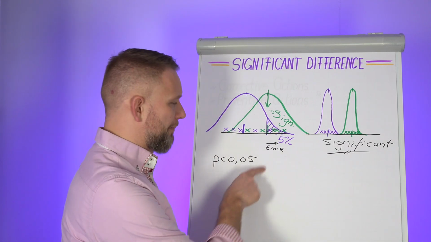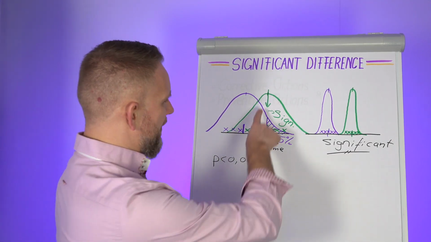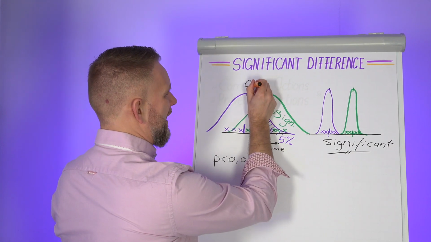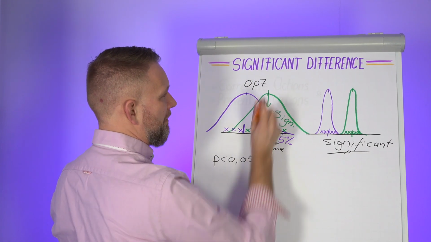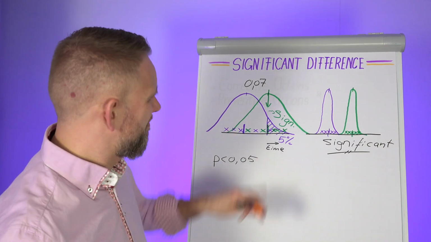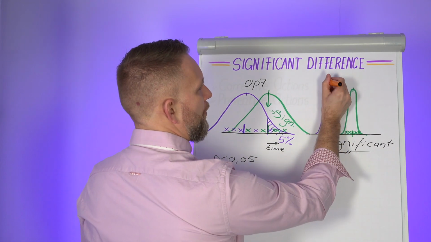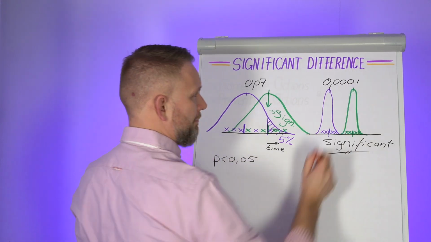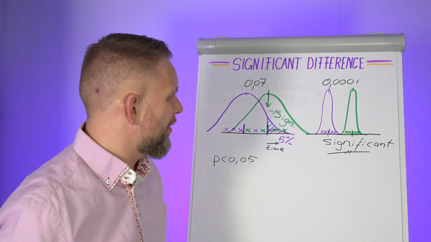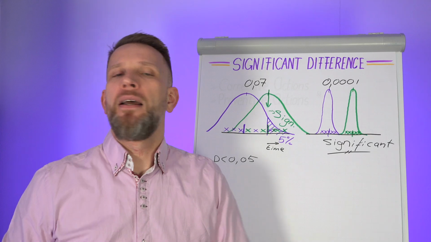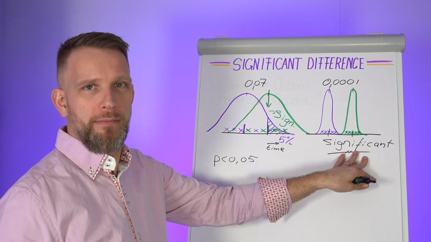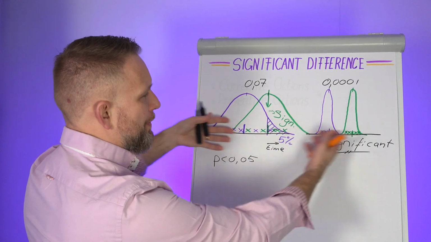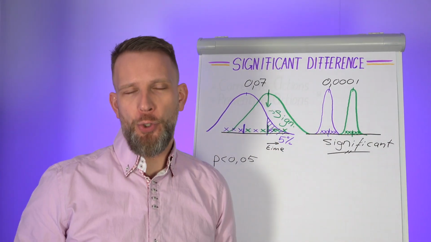In the end, you just get this number, a p-value. Here it will be something like 0.07, not significant. Here it will be something like a 1,000th or a 10,000th, so super significant. That is the value you get back, and this picture is what it does under the hood.